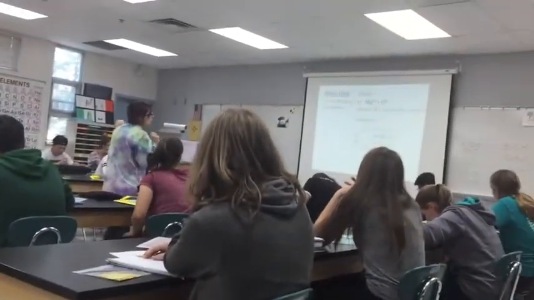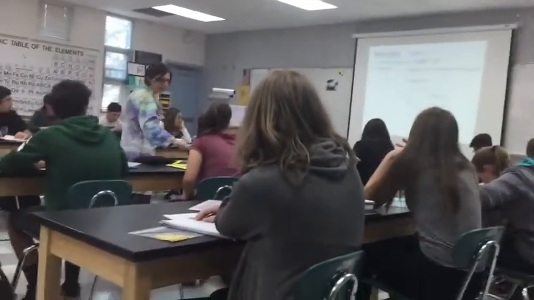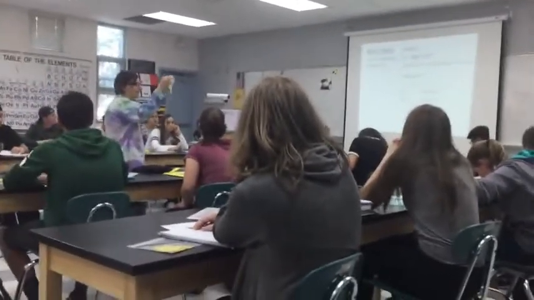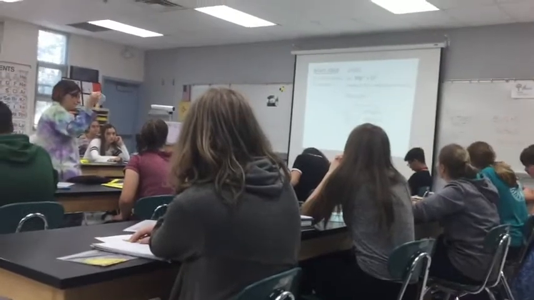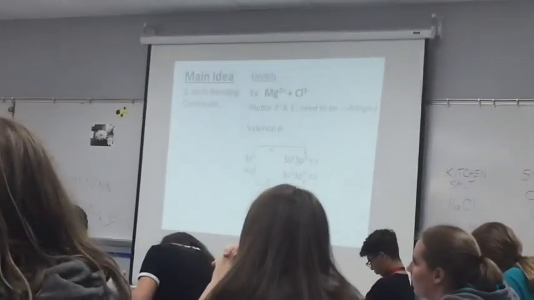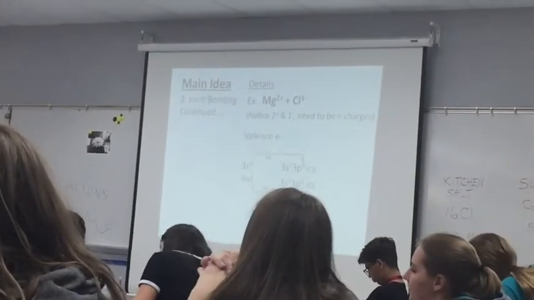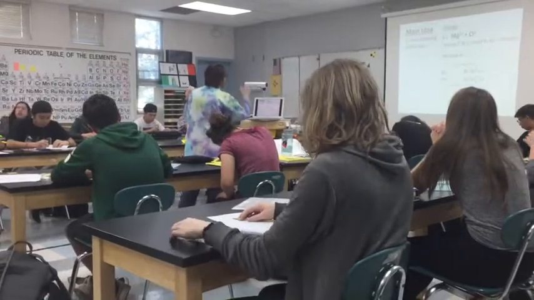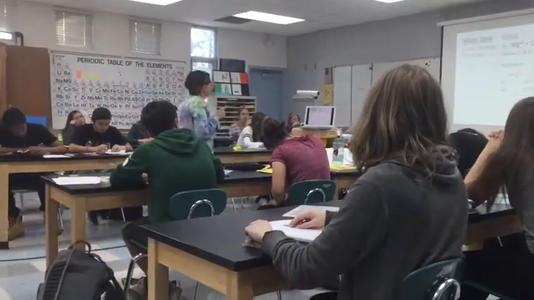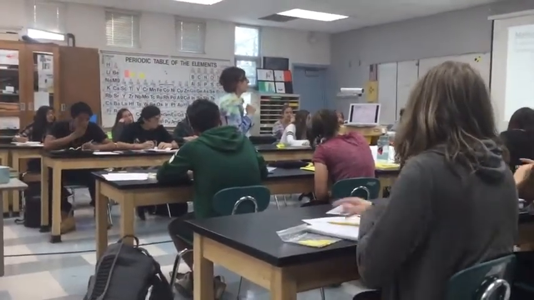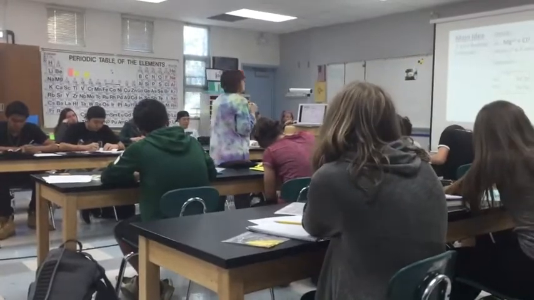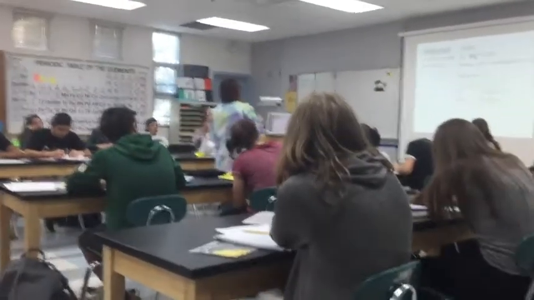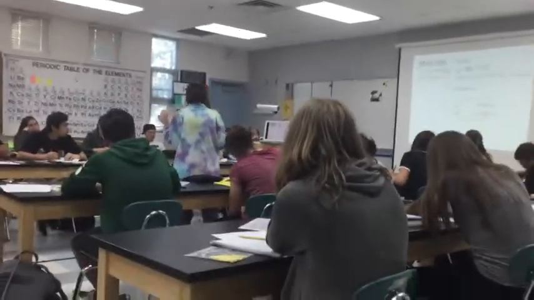Now, the reason why we are going to play around with our little baggies and try to combine different cations with different anions is that when I have a cation like magnesium that has two positive charges rather than just one, how many chlorines do I need to get those two electrons?